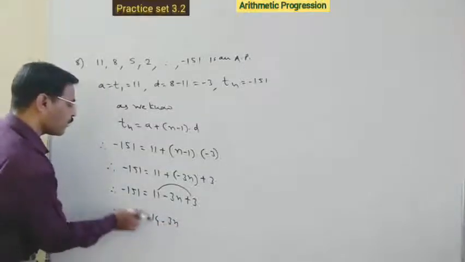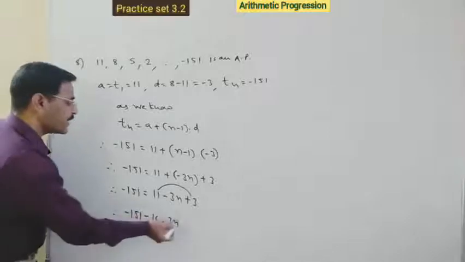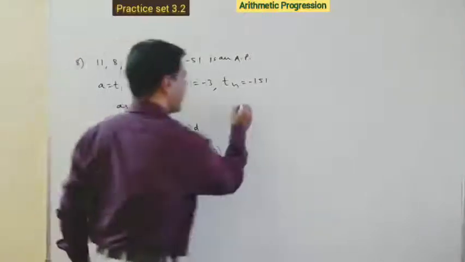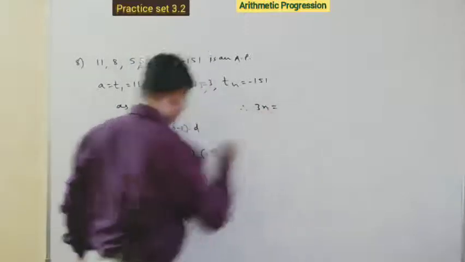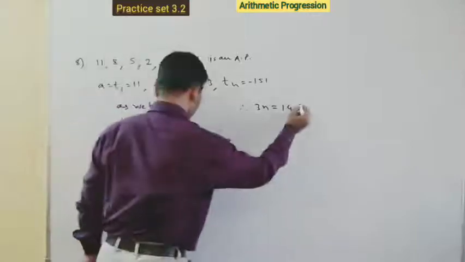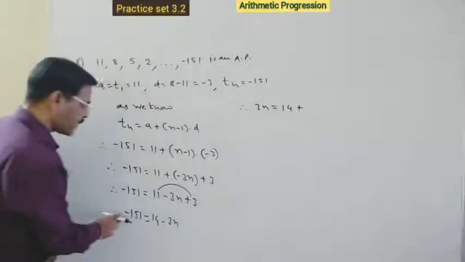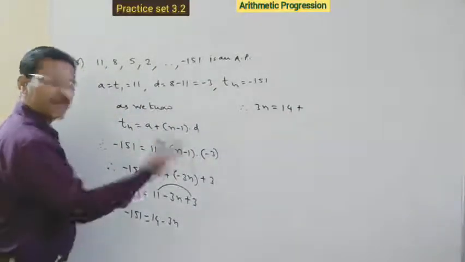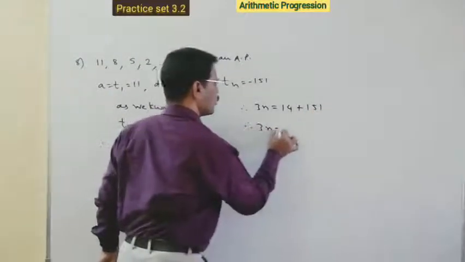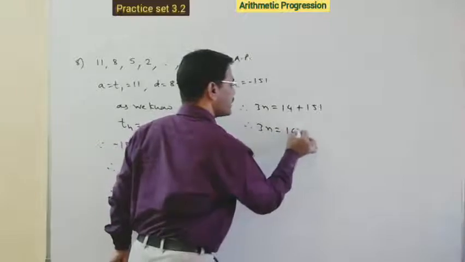I'll take this 3n to this side and 151 to that side. What do we get here? This is 3n, 14 is there only, minus. That is minus plus, because minus 151 goes to that side as plus 151. So 3n is equal to 165.